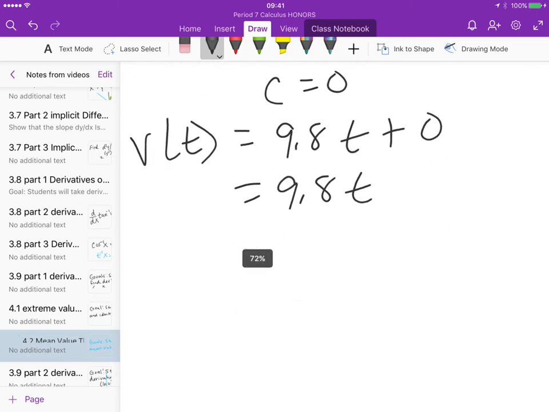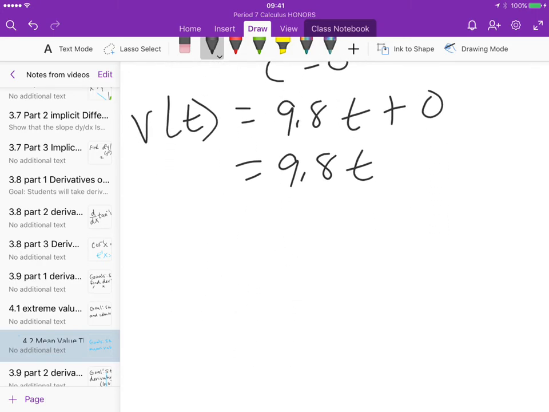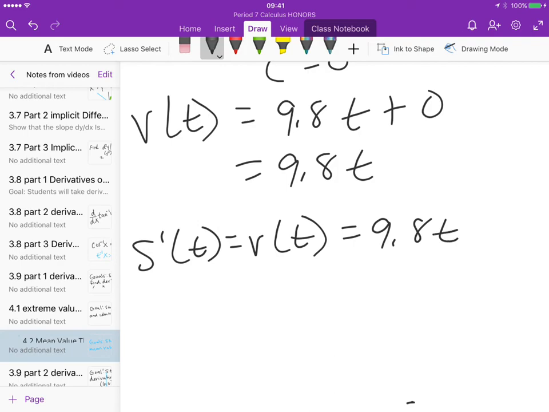That's velocity. Now let's find position. Remember, position should be the antiderivative of velocity. So s prime of t should equal v of t, which in this case was 9.8 times t.